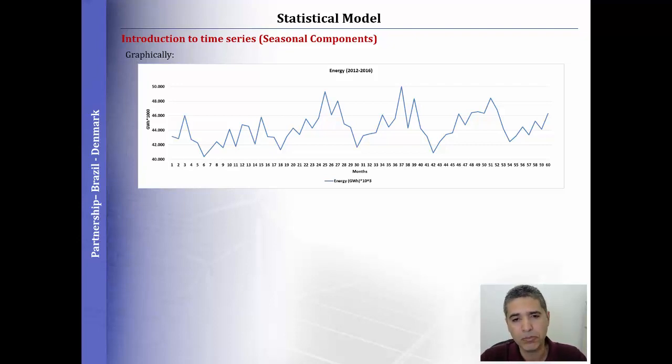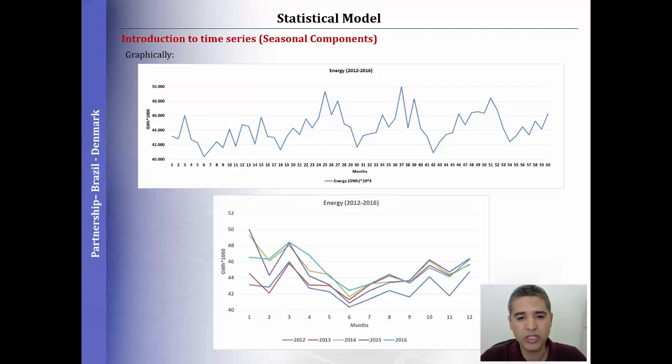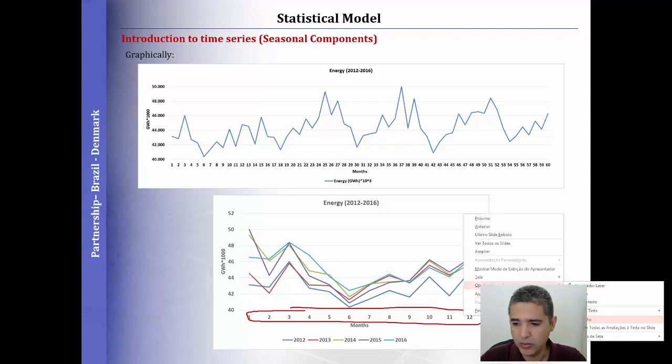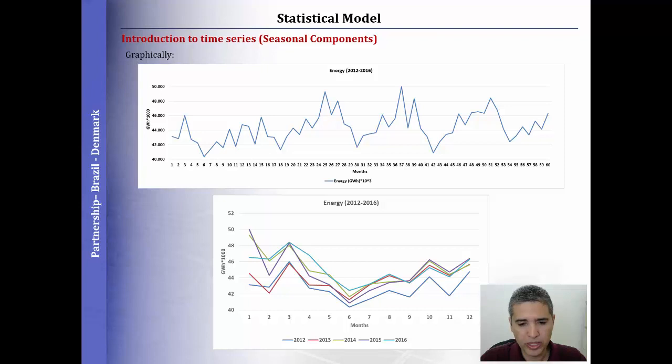For this case, as we have used monthly data, we can put the 5 years in 1 year, and analyze the pattern of this time series. For example, we can observe that in June, usually we have the smallest values of electricity consumption, and in March we have the peak values.